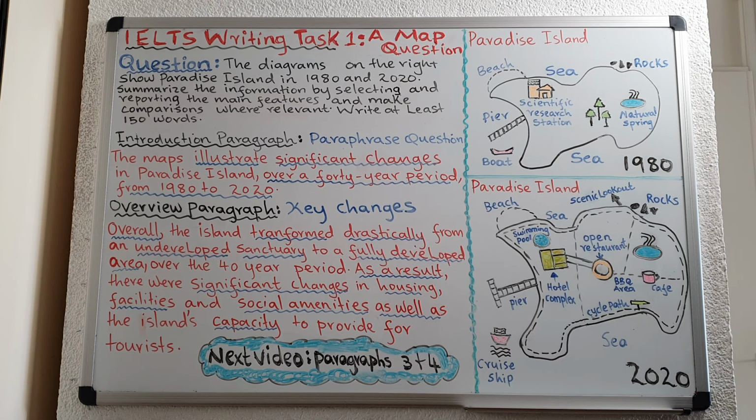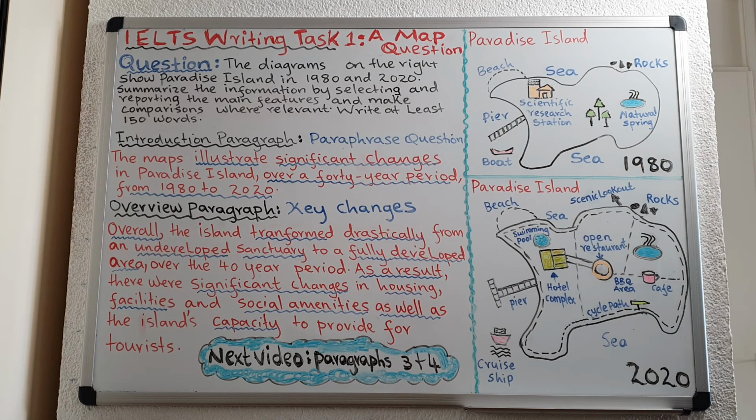I'm using a linking word there, the island's capacity to provide for tourists. Now you notice that all the changes in Paradise Island in 2020 have happened to be able to provide for tourists, because you have a cruise ship.